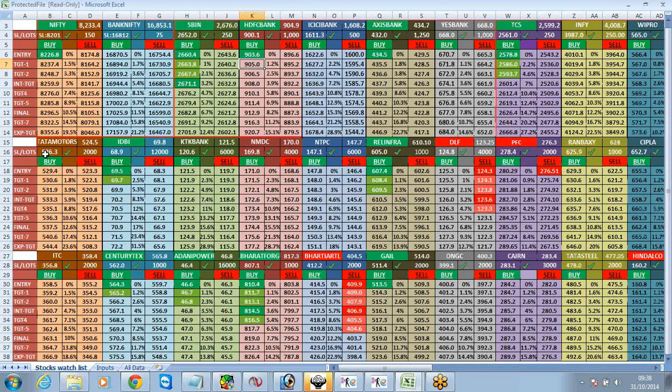So BharatForge, I will just tell you, we have a strong trend from past 3 days. It gave its call at 758, now it is at 819.